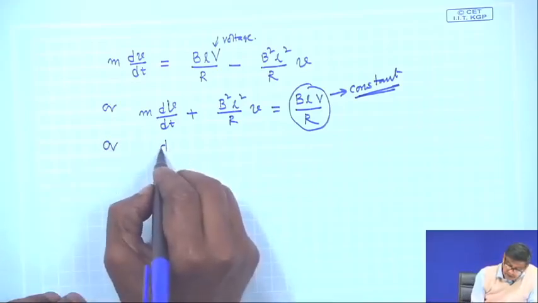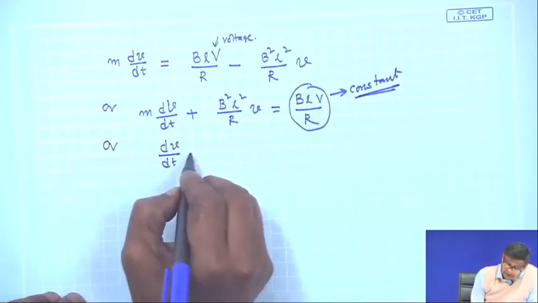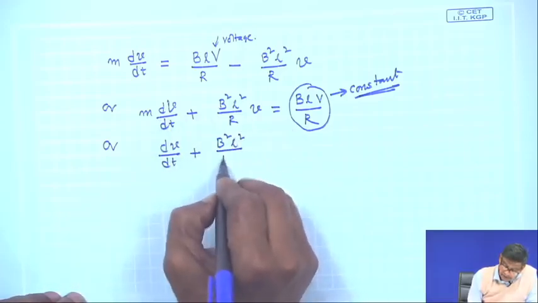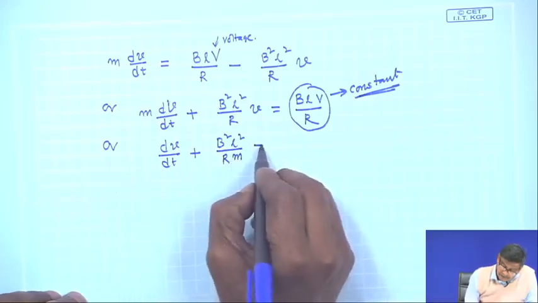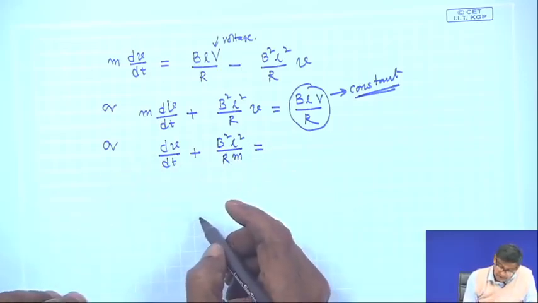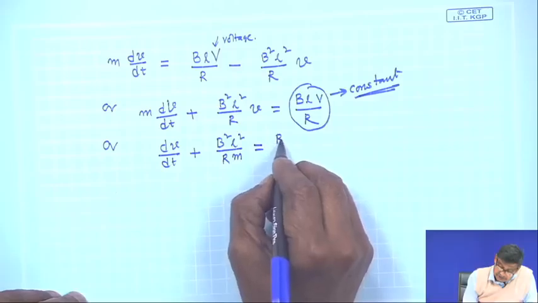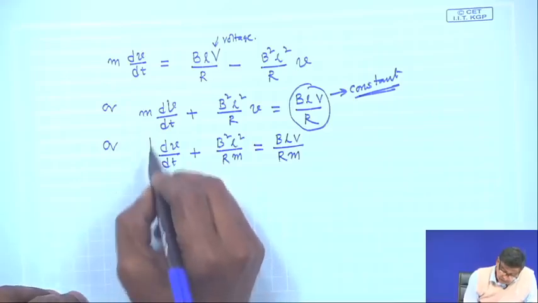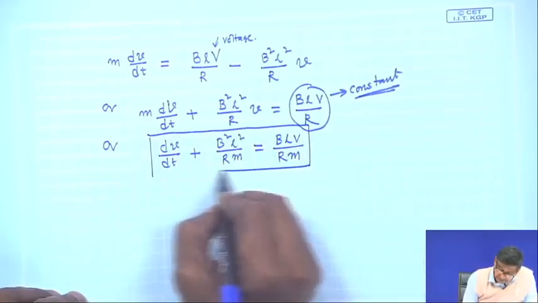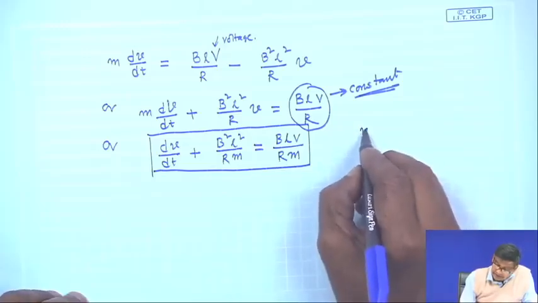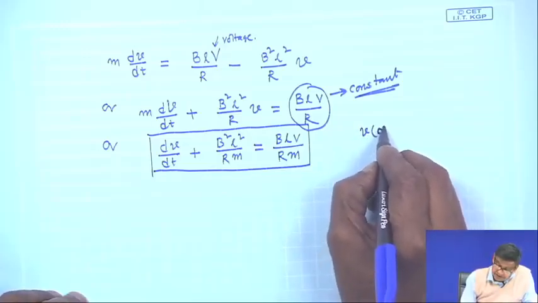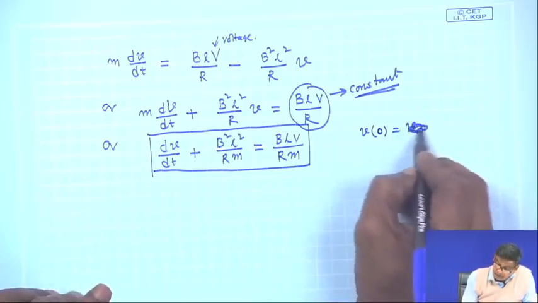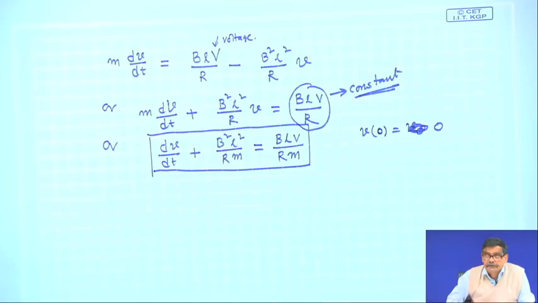Or you can write dv/dt plus B square L square by R m into v, dividing by m, where m is the mass of that conductor, is equal to BLV by R m. So, it is a first order differential equation with the condition that velocity at time 0 is equal to v0. Suppose the initial velocity v0 is 0.